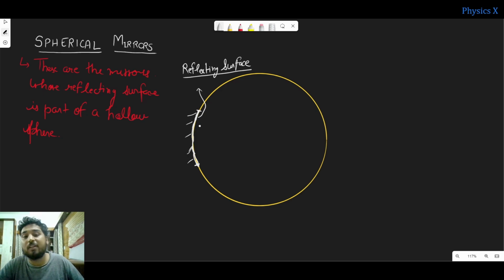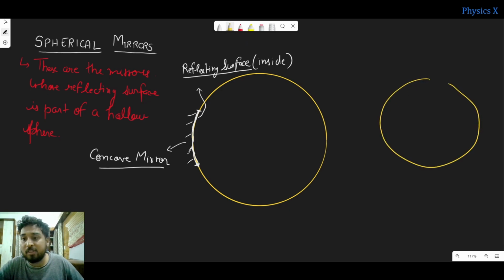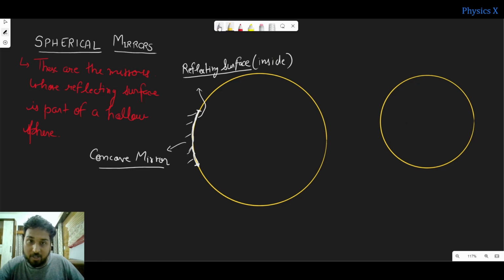If the reflecting surface is inside of this hollow sphere, then this type of mirror is called a concave mirror. Similarly, suppose again this is a hollow sphere, and the reflecting surface is on this side.